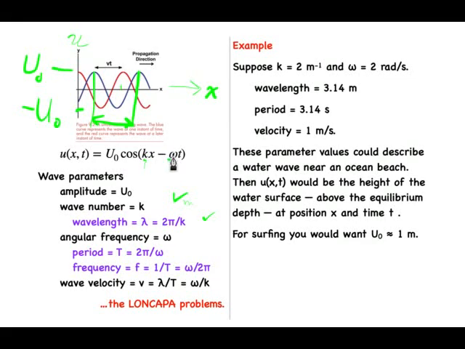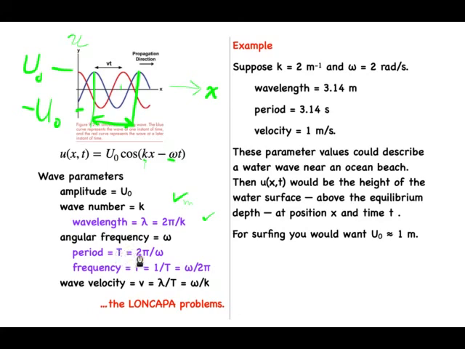Now, again, if omega t changes by 2 pi, I go back to the same point on the wave. So if I'm at a maximum and I wait until omega t has changed by 2 pi, I'll be back at the maximum, standing at the same point in x.